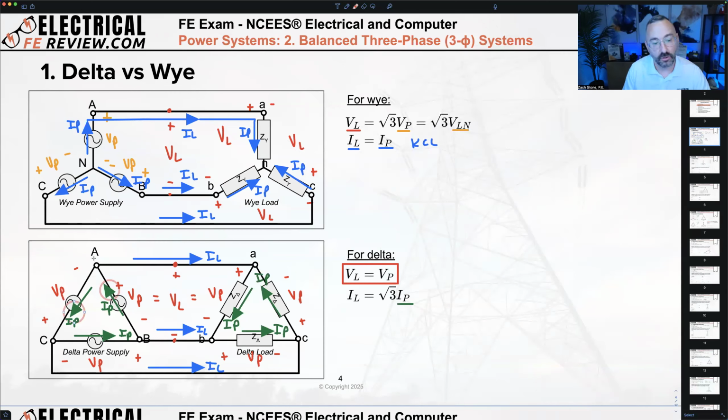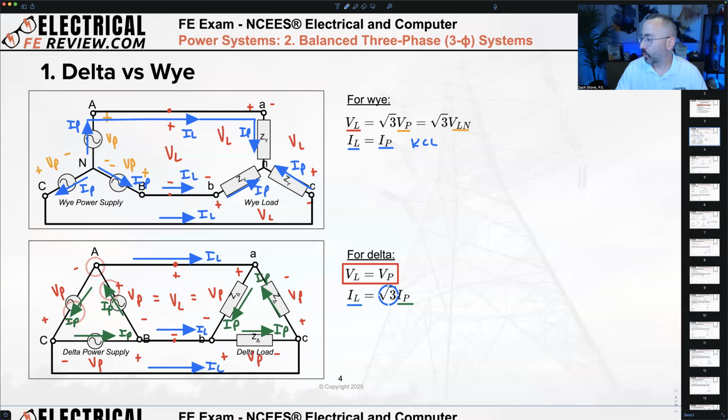You have a bit of a current divider at this node. So the phase and line currents are no longer equal, but you still have a relationship where the line current is bigger by the square root of 3 times the phase current. The line value is bigger. This time it's current instead of voltage.